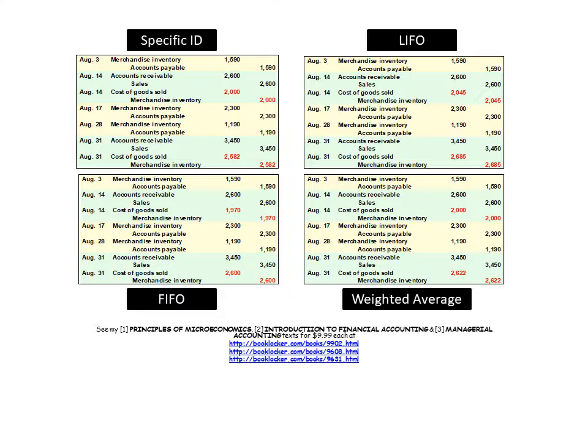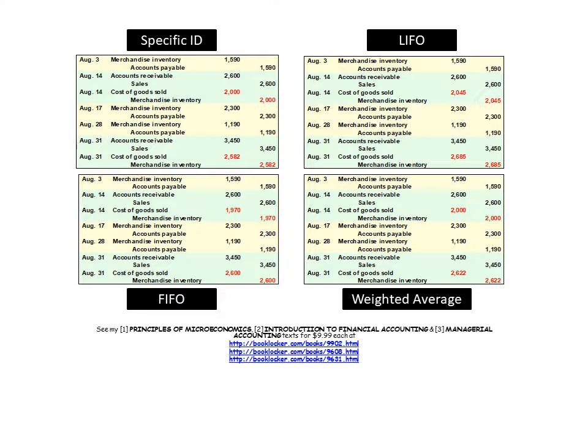If I can identify the journal entries that do not change under any of the four methods of cost flow assumption, then I only have to learn those journal entries one time. And then I can focus on the differences.